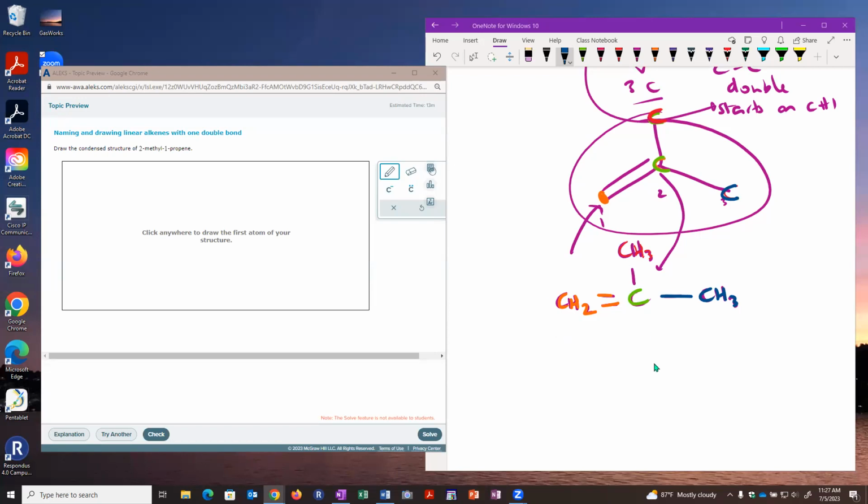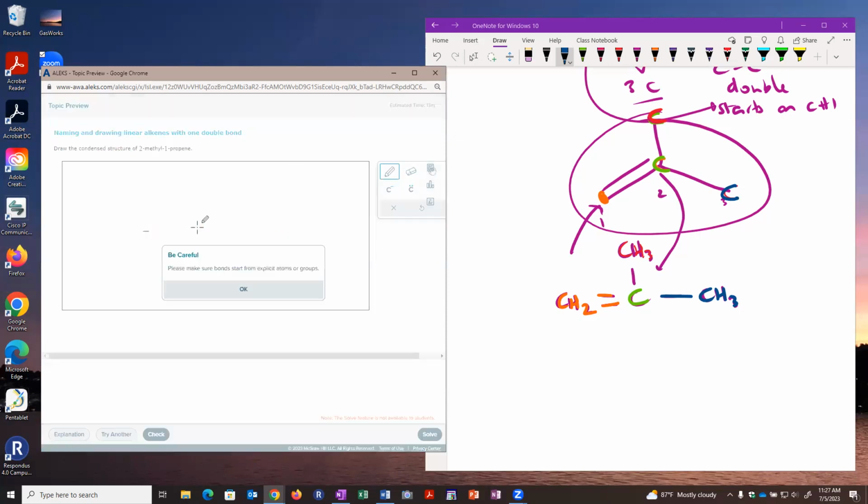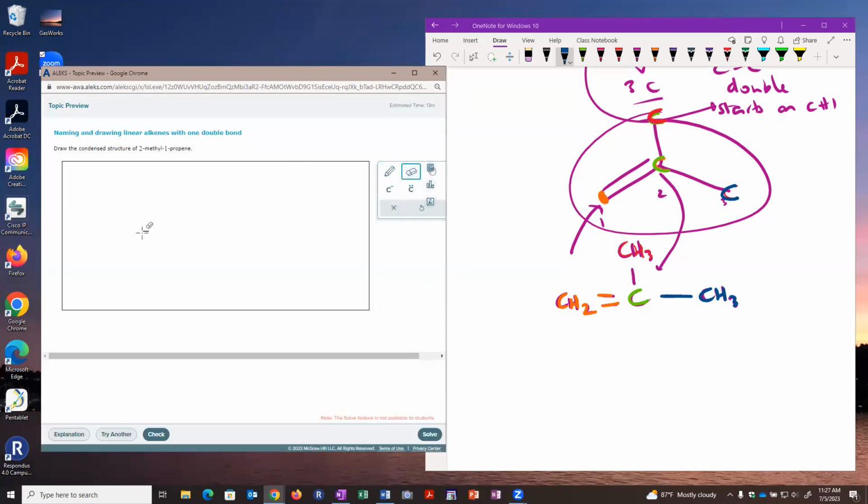So if I want to translate this now to my ALEKS template, I'm going to draw my carbons first. All right, so I have my first bond here on one side. I have a CH2, so I just clicked on this, and from the template, I select my CH2. Right here, I have a C, and then I have another bond.